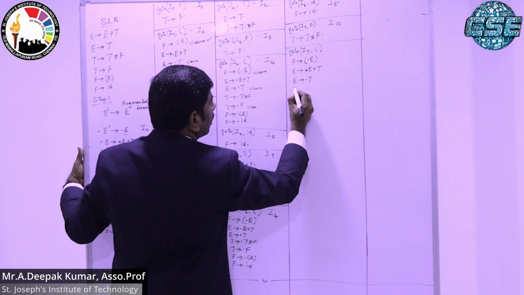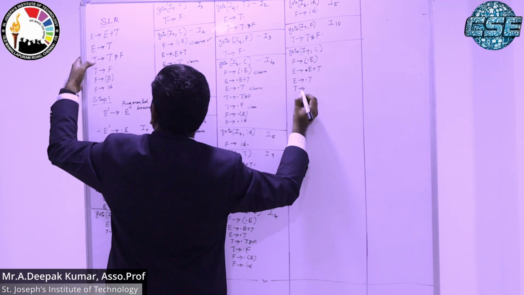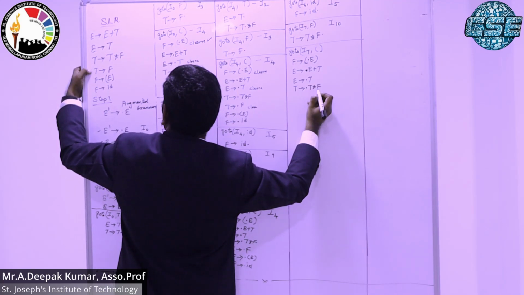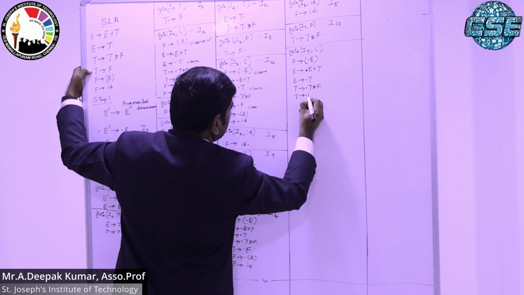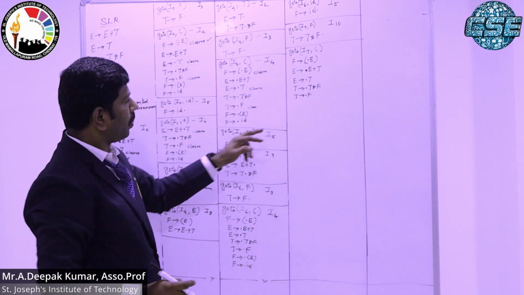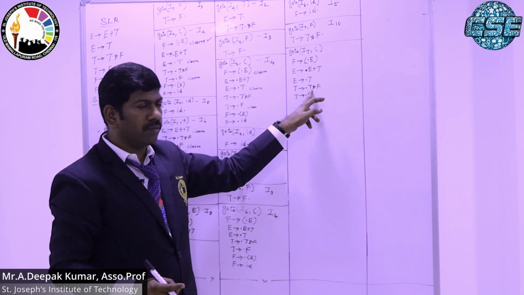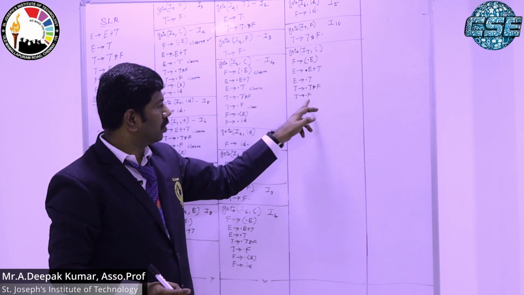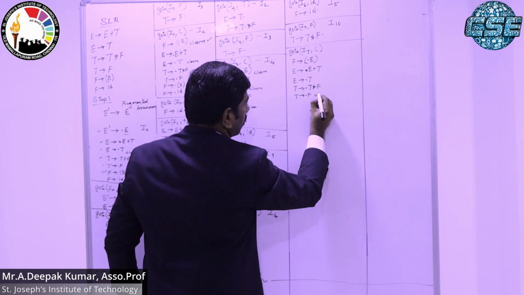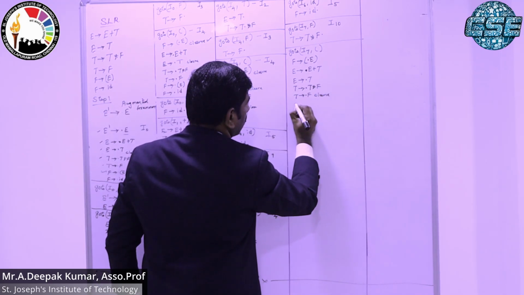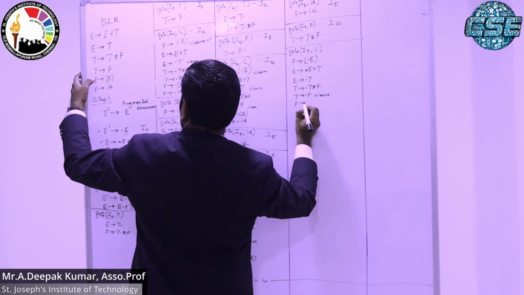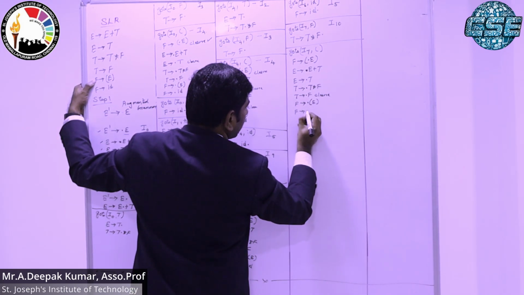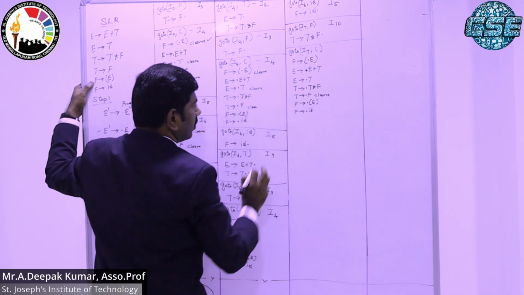T derives dot T star F, then T derives dot F. After dot we have a non-terminal T, that is already taken care of. After dot we have a non-terminal F, so closure is applicable here. F derives dot open braces E close braces, F derives dot id.